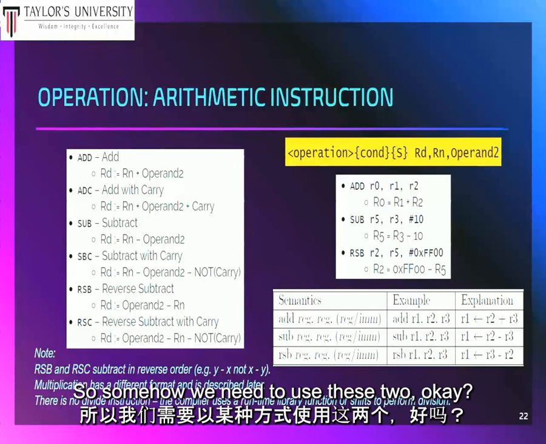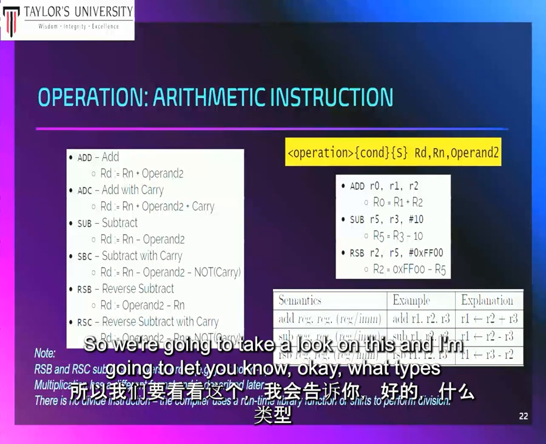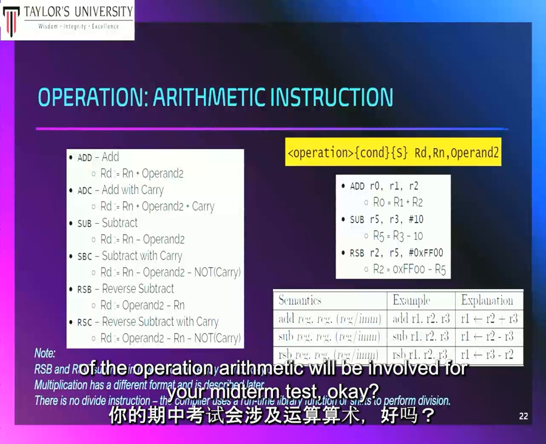Somehow we need to use these two. We're going to take a look at this, and I'm going to let you know what types of arithmetic operations will be involved in your midterm test.